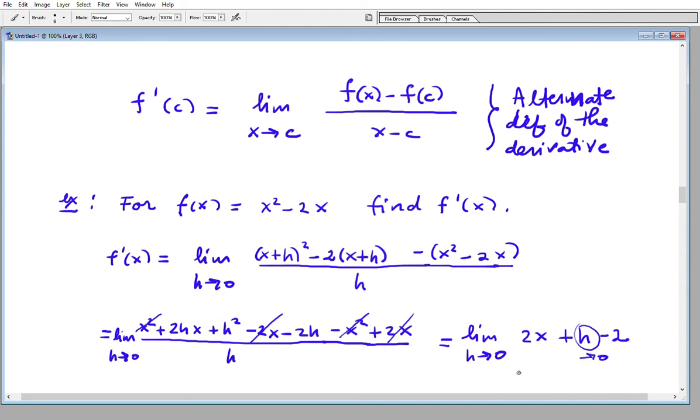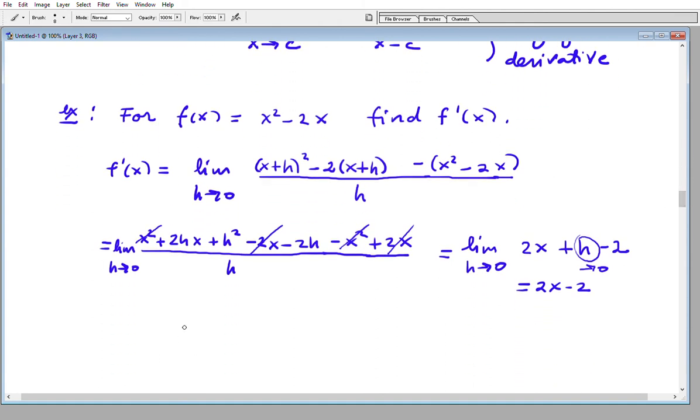So we end up with 2x minus 2. All right, so we showed that for this f of x, the derivative is 2x minus 2. So that's what we showed.